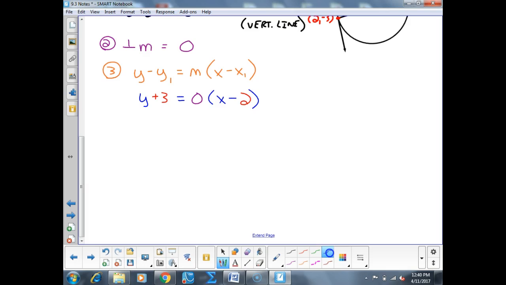So I get y plus 3 equals 0. So in the end, I get y equals negative 3 for my equation.